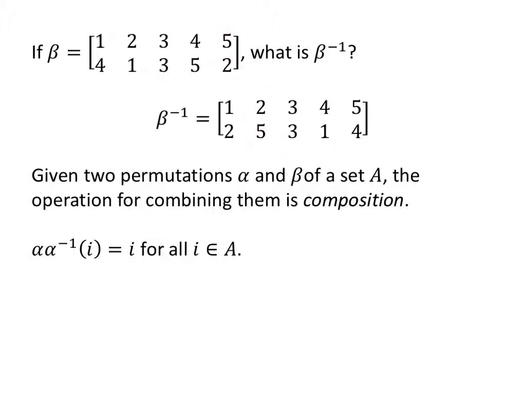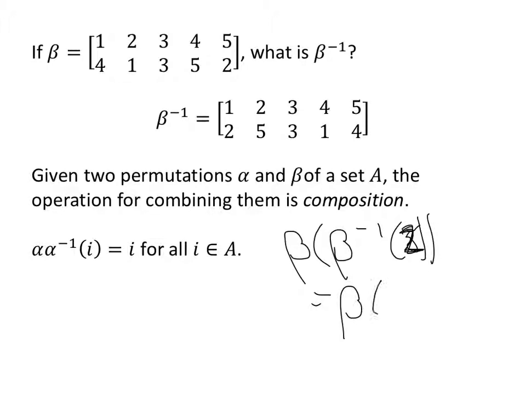So beta of beta inverse of 2 is beta of 5, because beta inverse of 2 is 5. And then beta of 5, if you look back up here, is 2. The original element comes back.